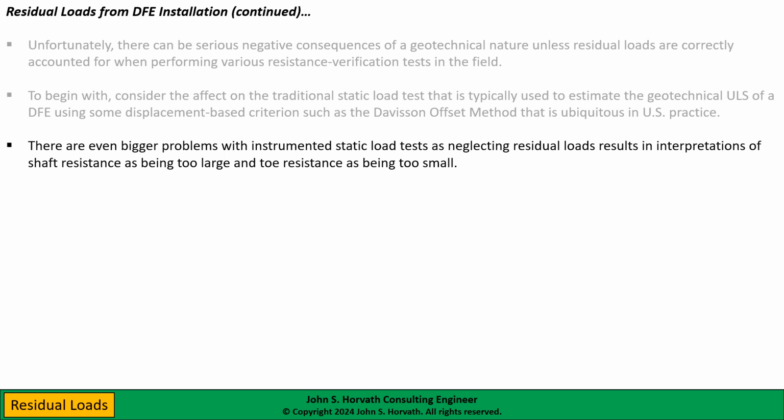Well, there's even bigger problems with instrumented static load tests. This is a real problem, as we'll see, as neglecting residual loads results in interpretations of shaft resistance that are too large and toe resistances that are too small.